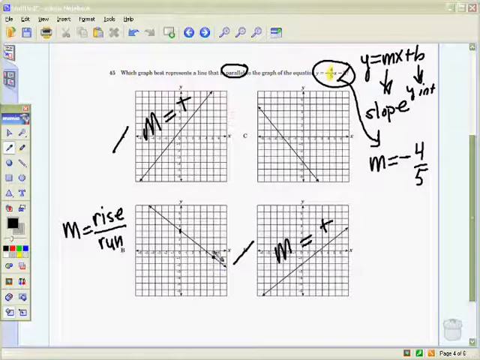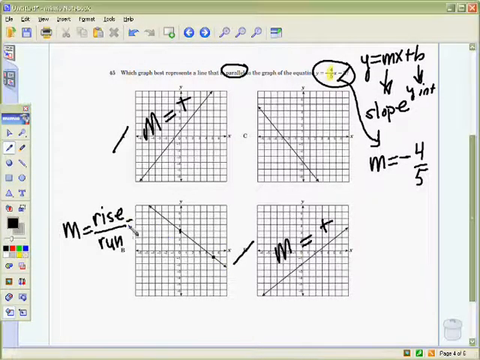So I start here and I rise 1, 2, 3, 4. So my rise is 4 over, and I'm running negative, so it's left. Negative 1, 2, 3, 4, 5. Negative 5. And 4 over negative 5 is simply negative 4 over 5. So this looks pretty good to me.